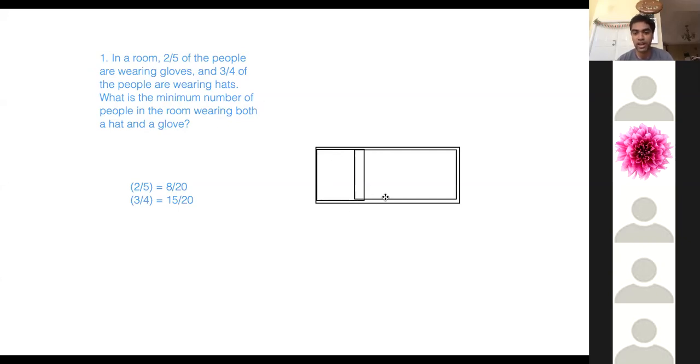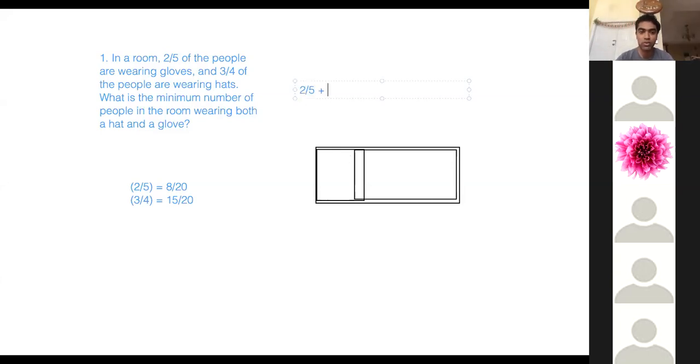One is the people wearing hats. What would be true of the fractions if there wouldn't need to be any overlap at all? 2/5 plus 3/4 should equal 1. Yes, which is not true, but imagine if it was 2/5 and 3/5. Then there wouldn't need to be overlap, right? I put 2/5 of them wear gloves, the other remaining portion wear hats. So the issue is that they add up to more than one, right? So this is why we need to have an overlap.